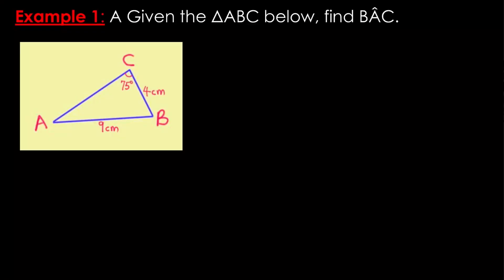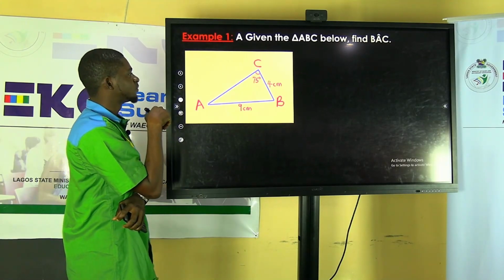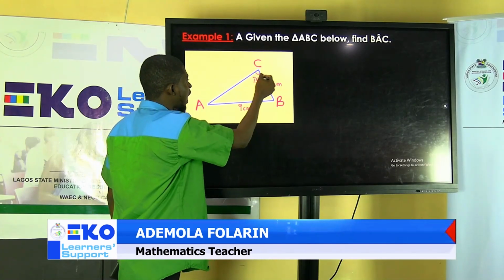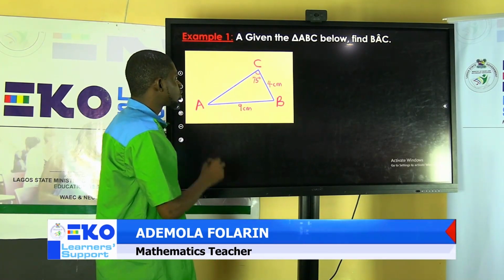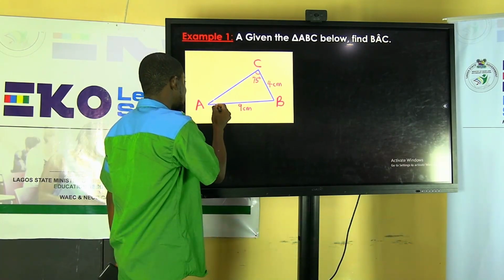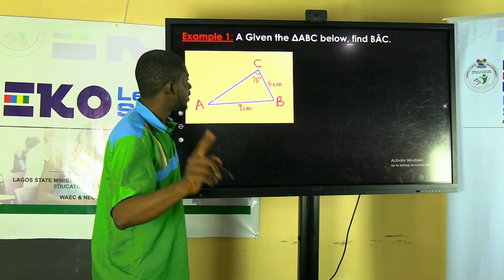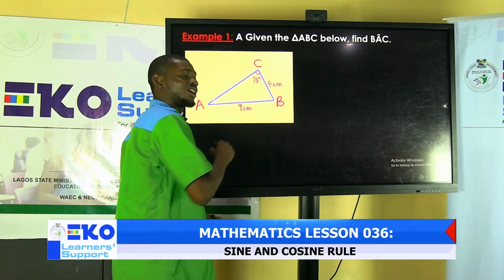Given the triangle ABC below, find BAC, that is angle A. Don't forget the condition: this is a non-right angle triangle. We are given angle C and side C, and we are interested in finding angle A, given the side A. Remember, one complete family is available, so we can go for sine rule.